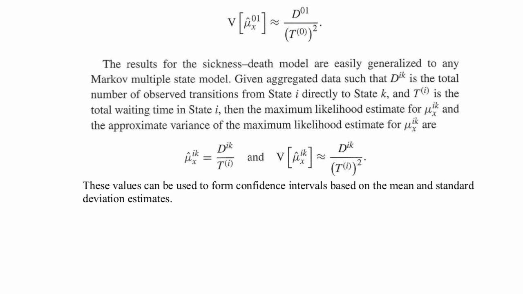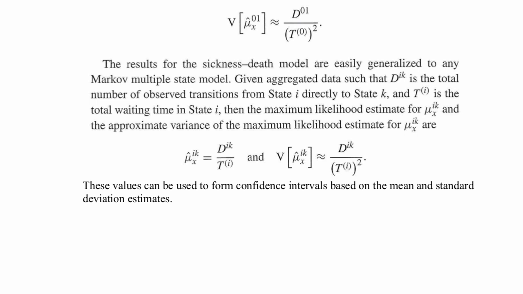The results for the sickness-death model are easily generalized to any Markov multiple state model, given aggregate data such that d_ik is the total number of observed transitions from state i directly to state k, and t_i is the total waiting time in state i.